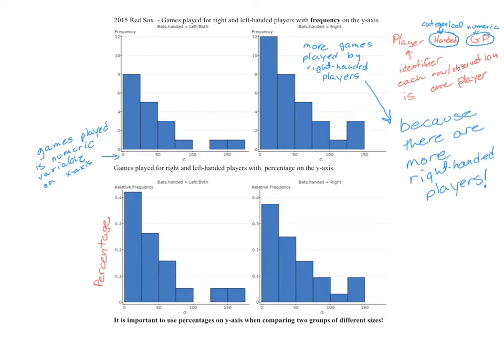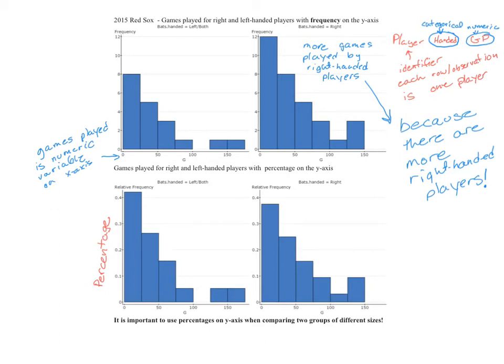And so now we can compare the two groups, and we can do a fair comparison. So for example, we can look at this interval from 0 to 25, and we see that a little more than 4% of the left-handed players play between 0 and 25 games. For the right-handed players, it's a little less than 4% from 0 to 25.